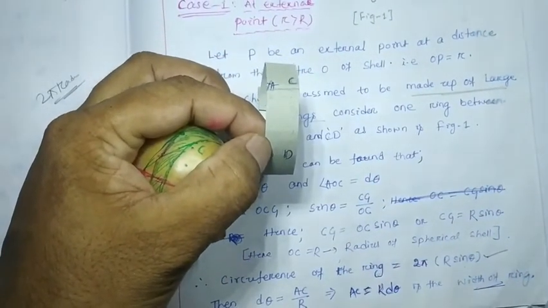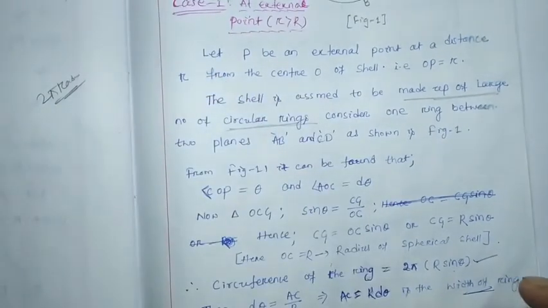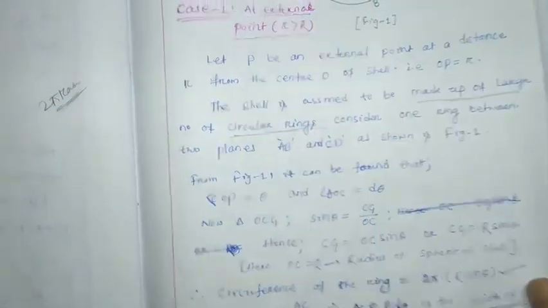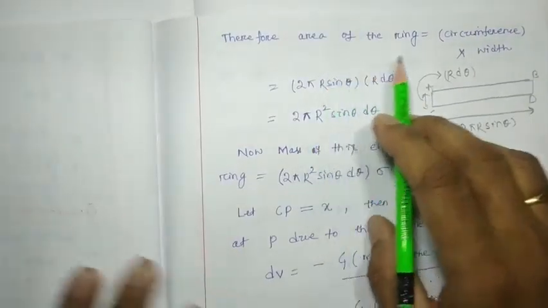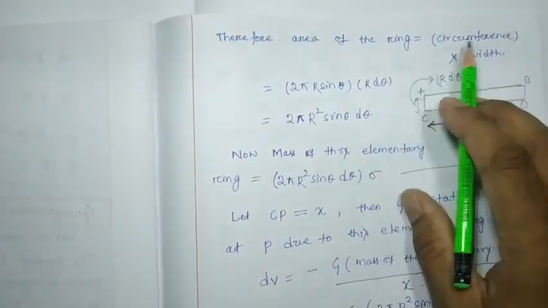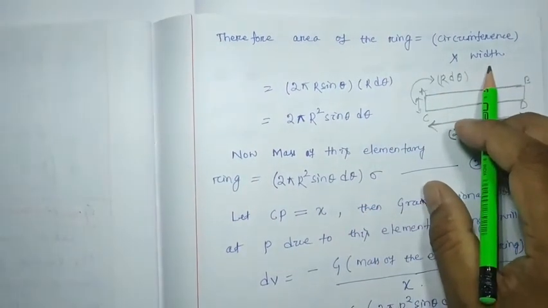So what will be the area of this ring? The area of the ring will be circumference into width.